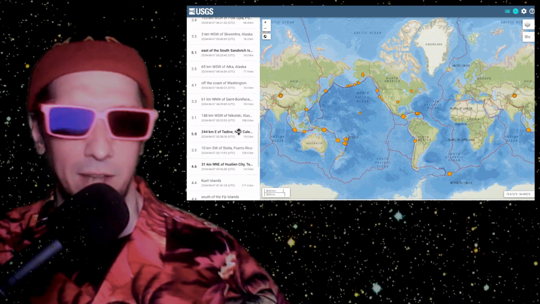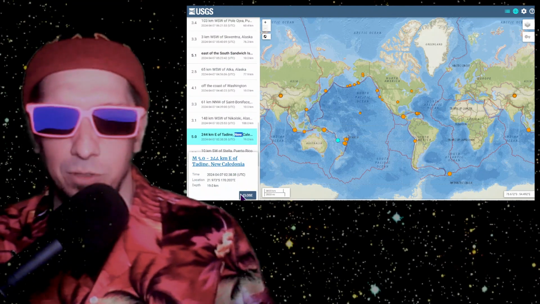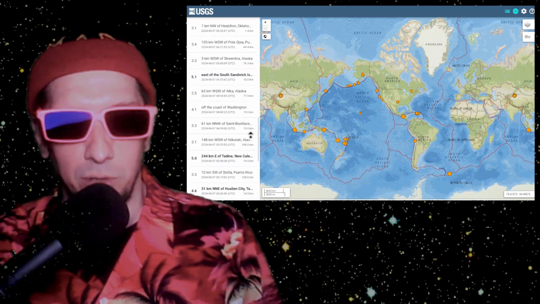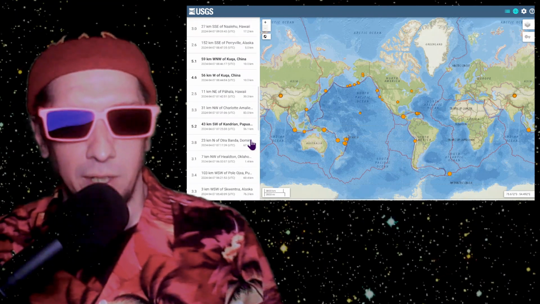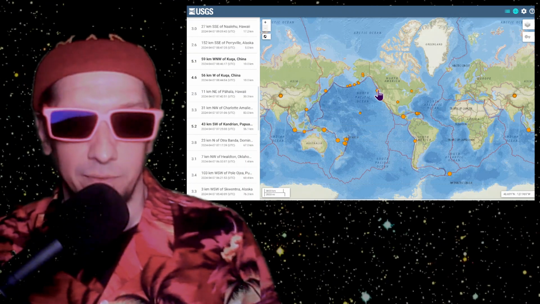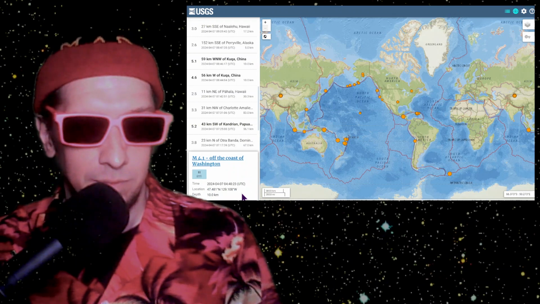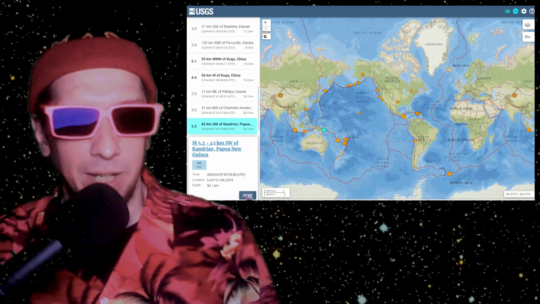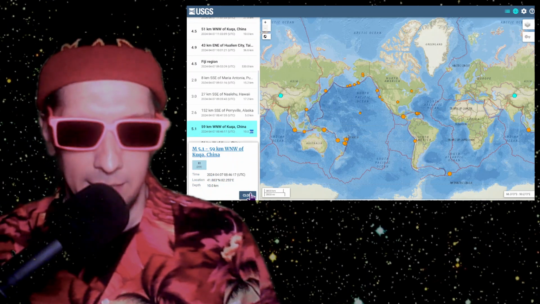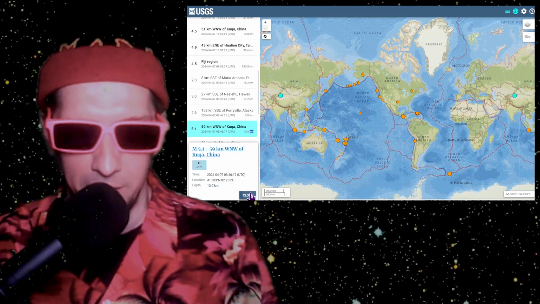Anyway, these are the quakes of the past 24 hours of 5 and greater magnitude. New Caledonia had a 5.0. South Sandwich Islands had a 5.0. Look at the quakes around the Pacific, the northern and indeed eastern Pacific there. Papua New Guinea had a 5.2. Chile had a 5.1.